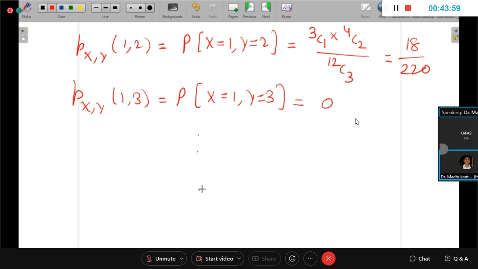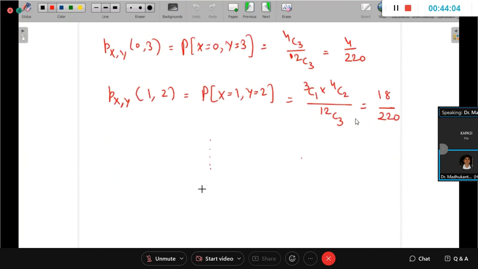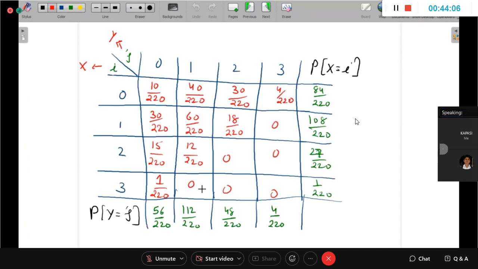Okay, right. So now let's come to the table that I have written down here. So this is the table. You can match your values with what we have just written down.